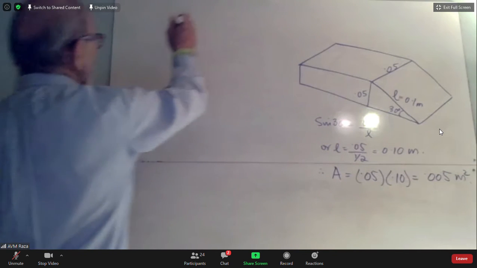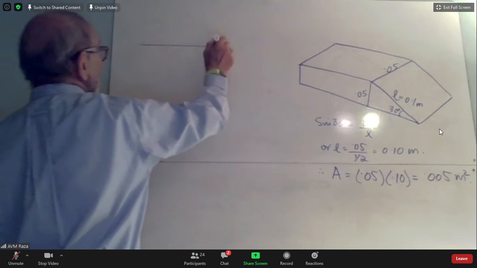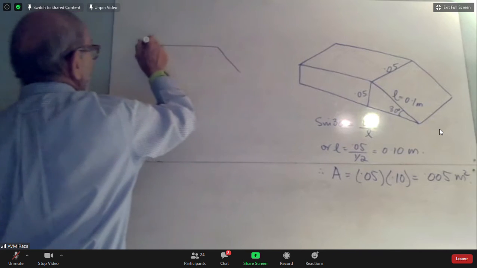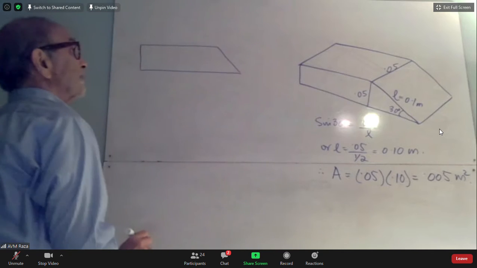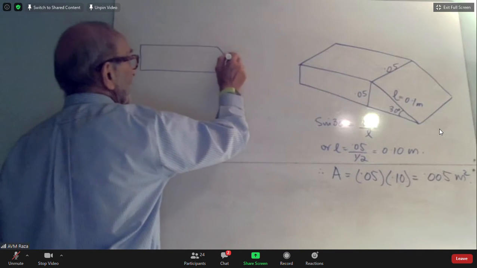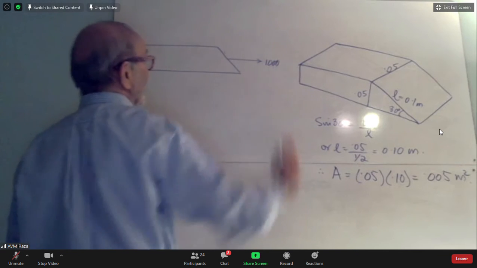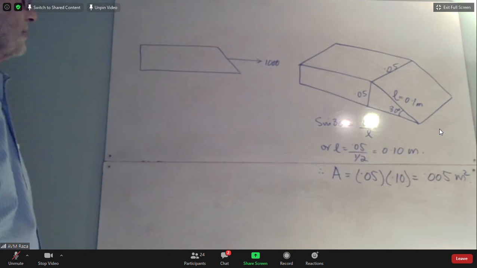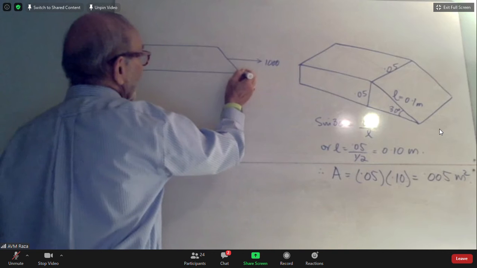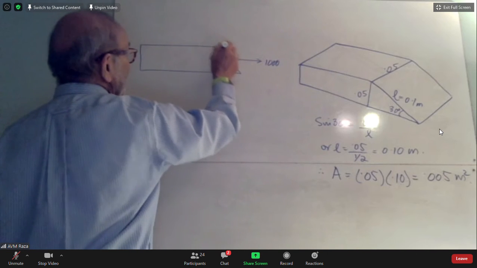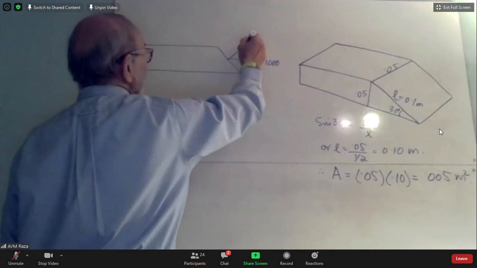So now let's look at the two-dimensional view. It looks something like this. And there is my force of 1000 newtons. Now, if I want to find the normal stress on this area, I need to know what is the normal force on this.